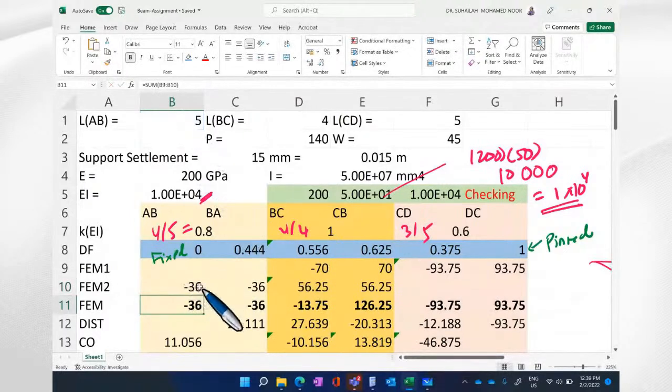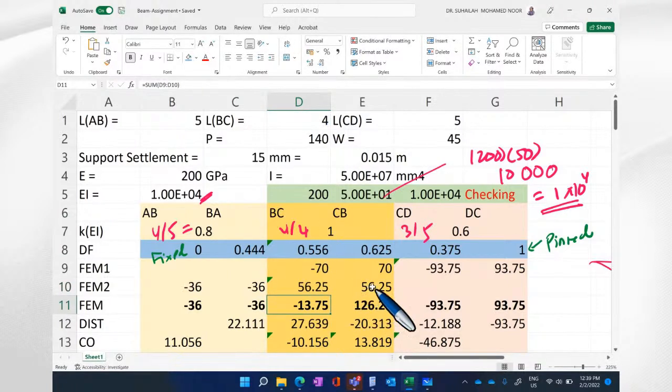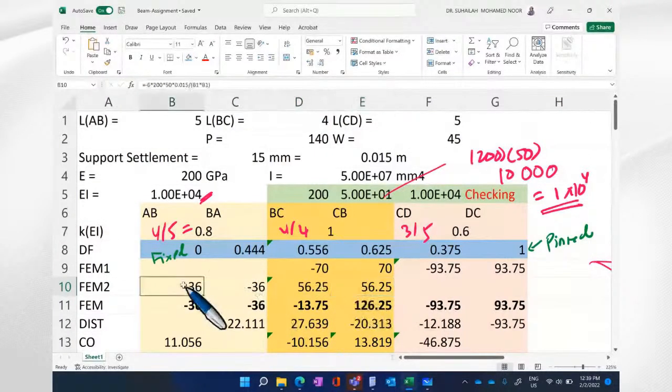So we should get negative 36. And for another one, L is 4, so this is 4 squared, 16. We get 56.25.